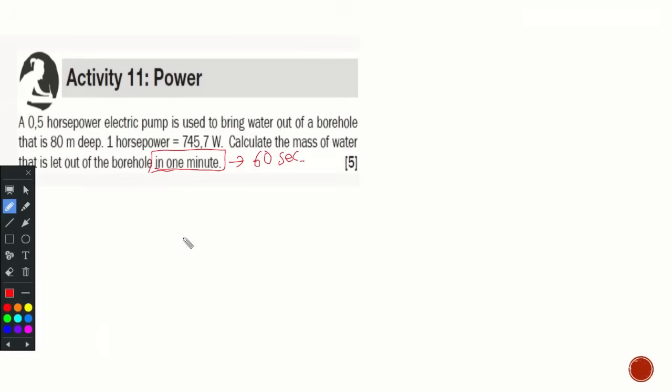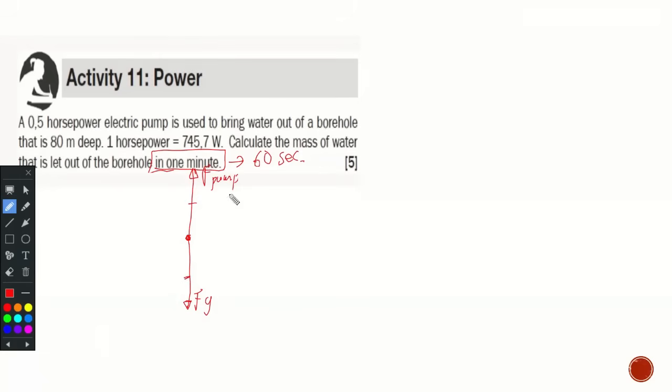Now we know that the pump will be going all the way up, and down here the water will obviously be experiencing gravitational force. If this pump is pumping water at a constant speed, which we always assume, that means the force applied by the pump will be exactly equal to the gravitational force, right?